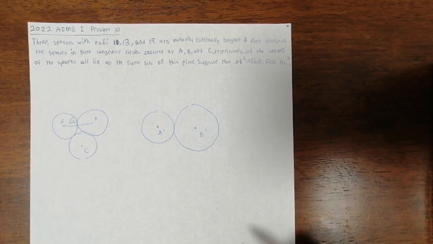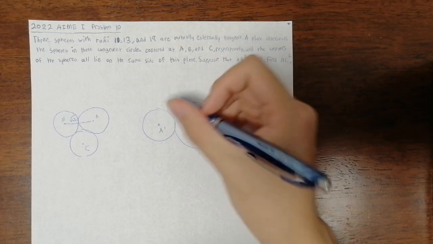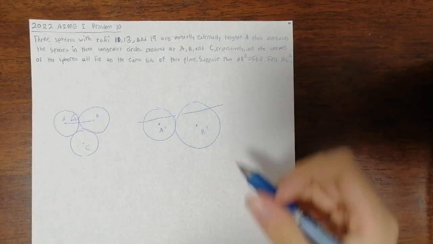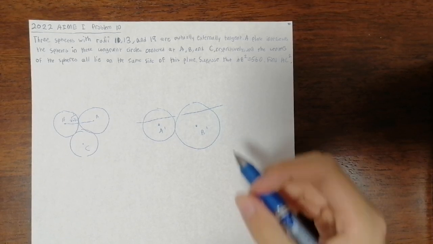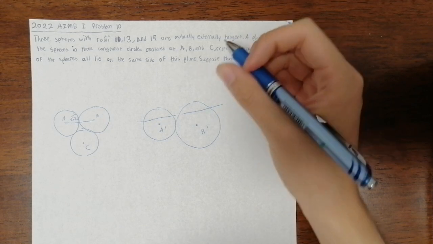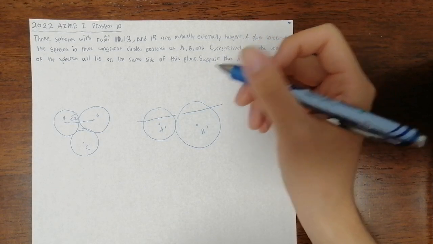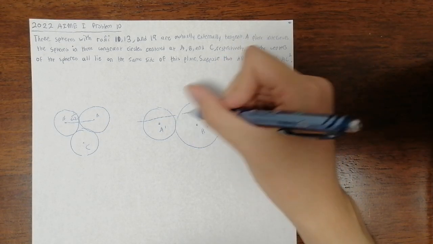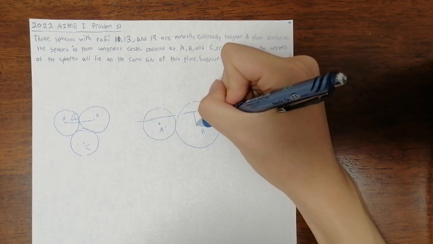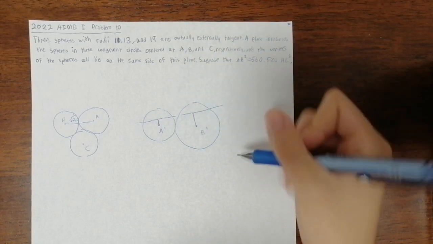So what do we know? Well, if we draw a plane, let's say it looks something like this. Let's draw perpendiculars from the centers of the spheres to the intersection with the plane, here and here.